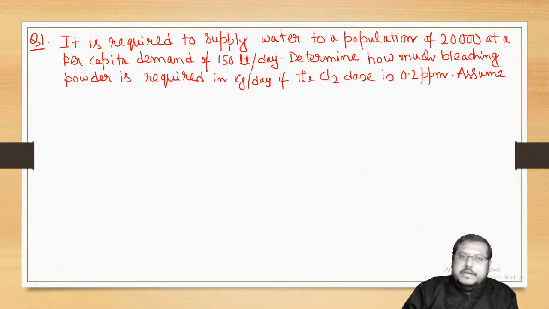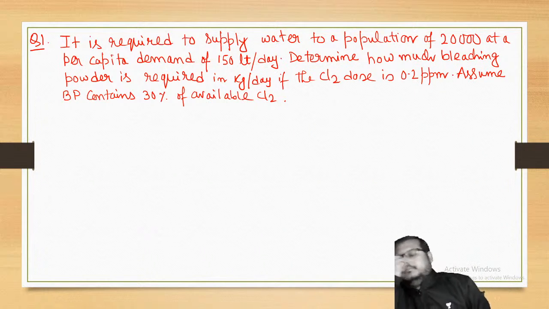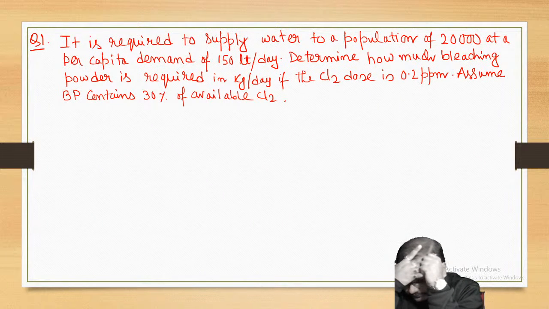Assume bleaching powder contains 30% of available chlorine. First question.